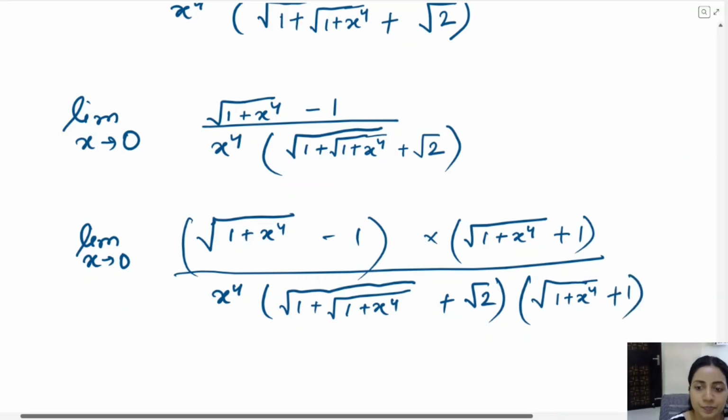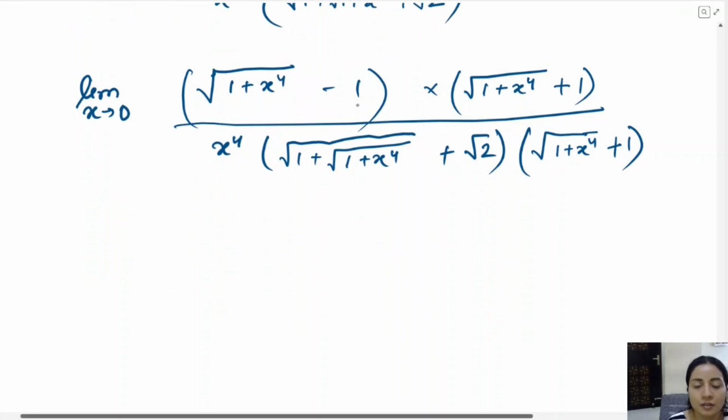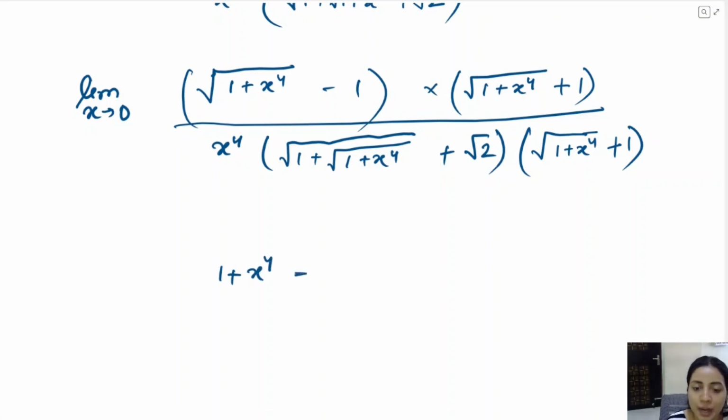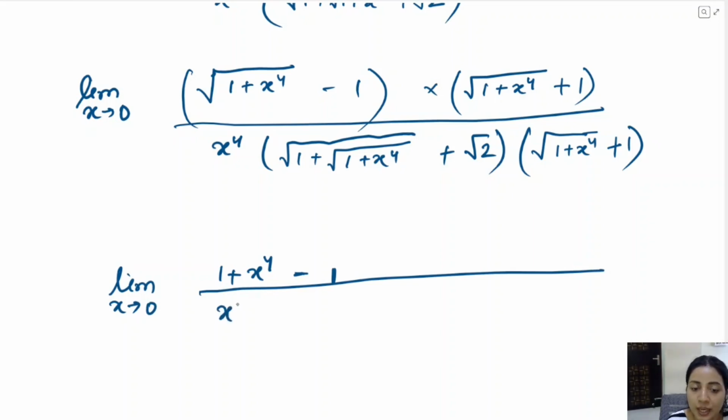Like this. Now in the numerator we will multiply, and we will be getting 1 plus x to the power 4, that means a square, minus b square, that means just 1. Yes, limit x tends to 0 still we are having, and the denominator will remain as it is. We don't need to do anything with the denominator. Let's keep it as it is.